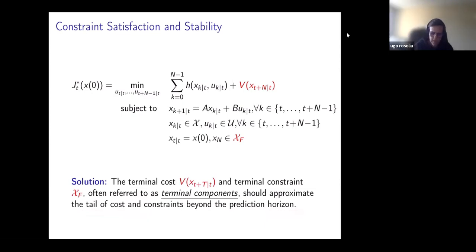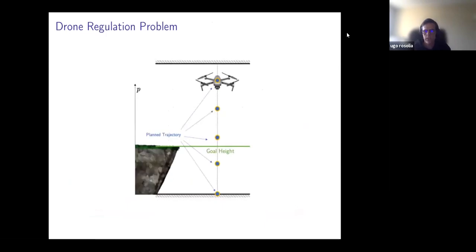Let's consider again our drone regulation problem, where we had issues as our controller was planning an open loop trajectory that barely kept the system within our state and input constraints. To fix this, we want our terminal predicted state to be close to our goal position.